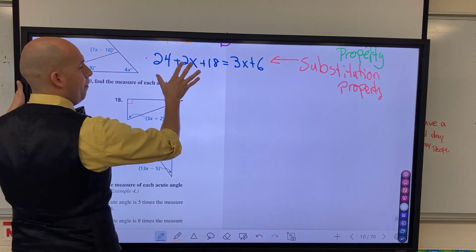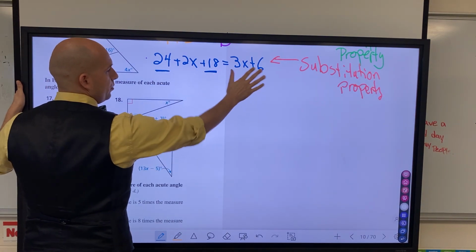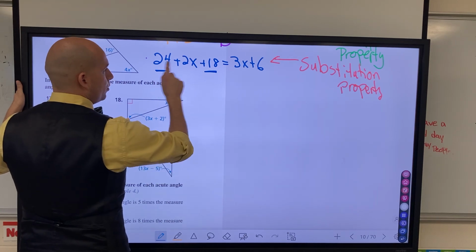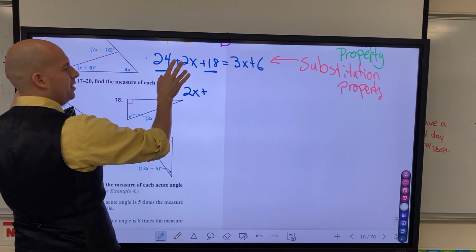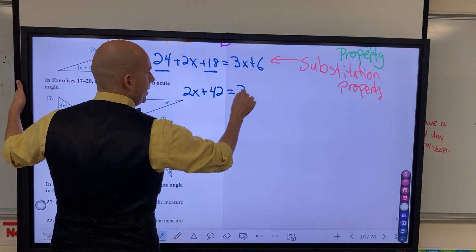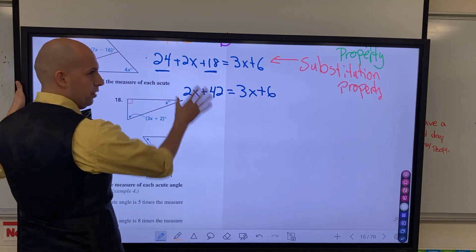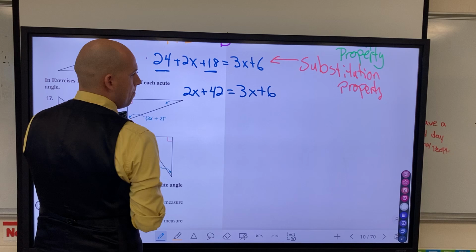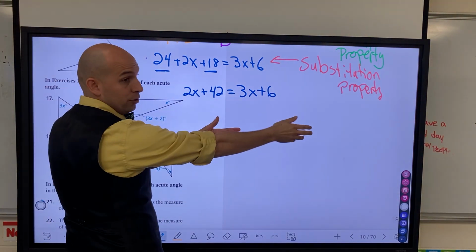So I'm going to have this expression here. I have a like term here. Over here, there's no like term, so we're going to combine our like terms first. So 24 and 18, we get 2x plus 42. All right, 3x plus 6 didn't change. This is all still equal because all I did was combine them. That property is combining like terms.